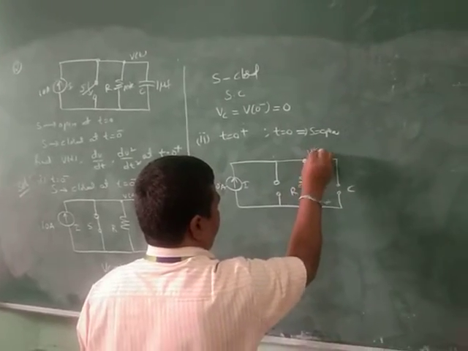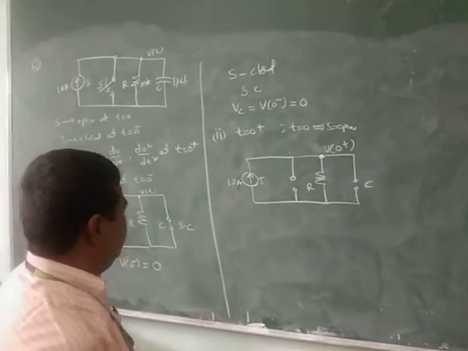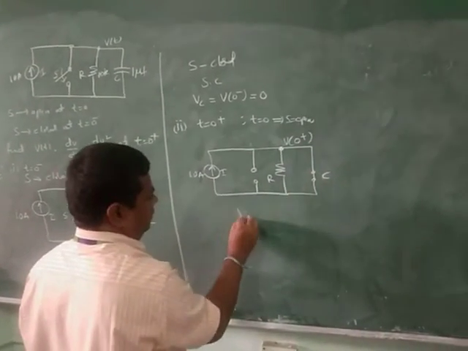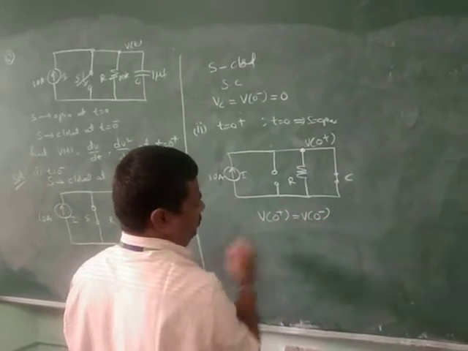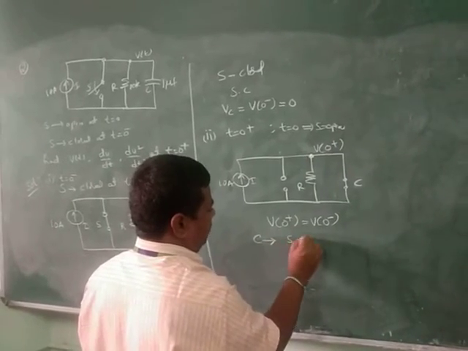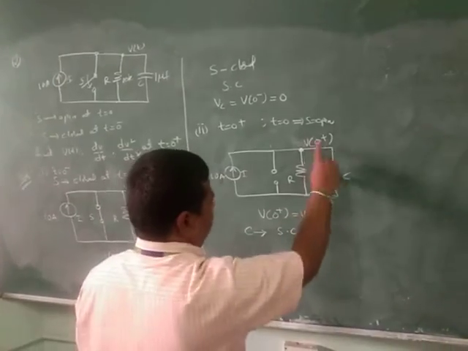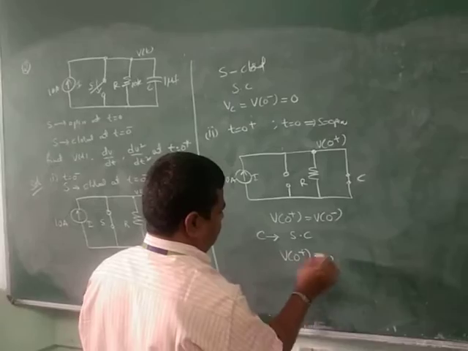Here the voltage is v(0+). Now in this case also, based on the initial conditions, v(0+) is equal to v(0-). The capacitor behaves like a short circuit, so again v(0+) is equal to 0.